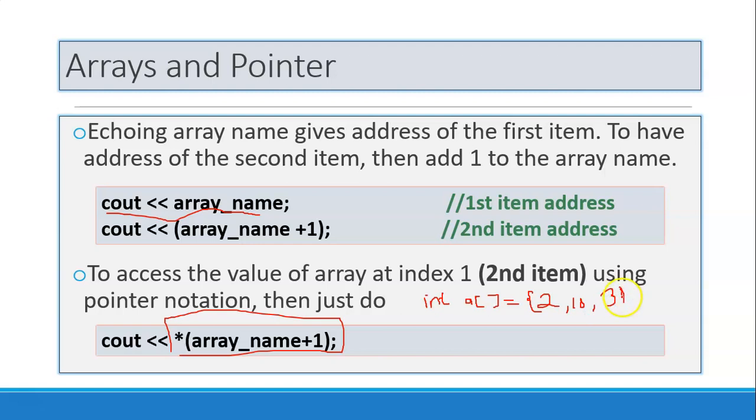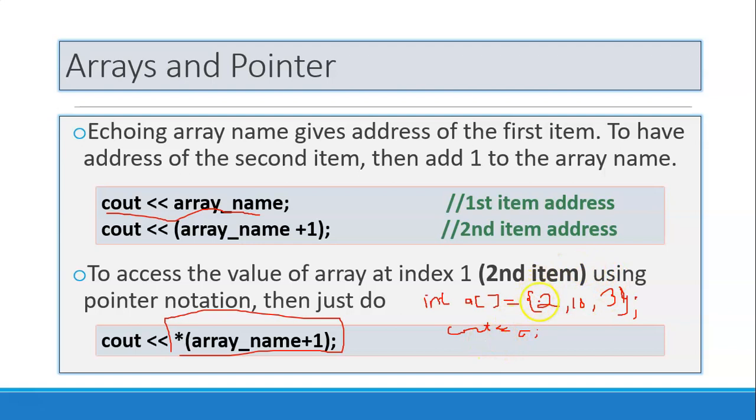So this is our array, and if we are to come up with a statement that says cout A, this statement is going to give us the address of 2. It's not going to give us the 2, but only the address of 2.